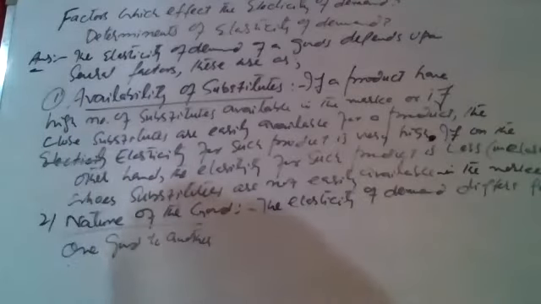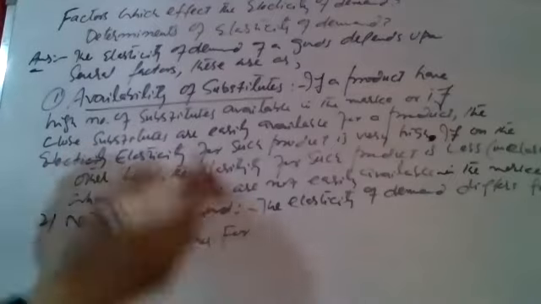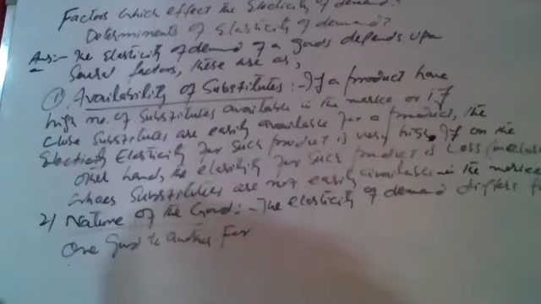क्या है इसमें, क्या मसला है? For necessities, the elasticity of demand is inelastic. For comforts and luxuries, it is high elastic. So we have different kinds of products which we are using or consuming in our day-to-day life.